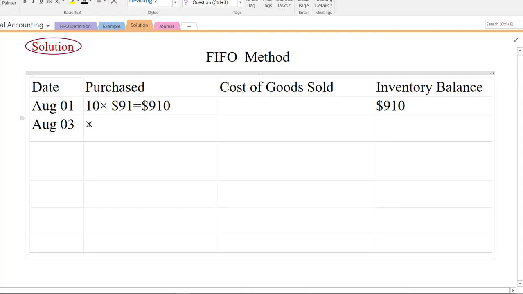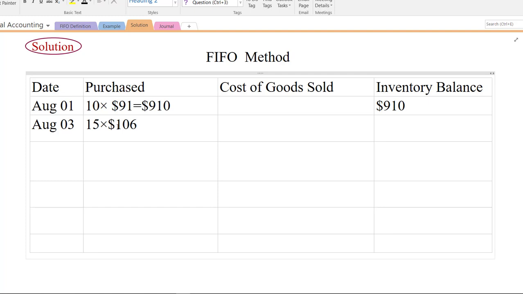So students, on August 3rd, we discussed that the number of inventories purchased is a total of 15 units of inventory, purchased with the cost of 106 USD.